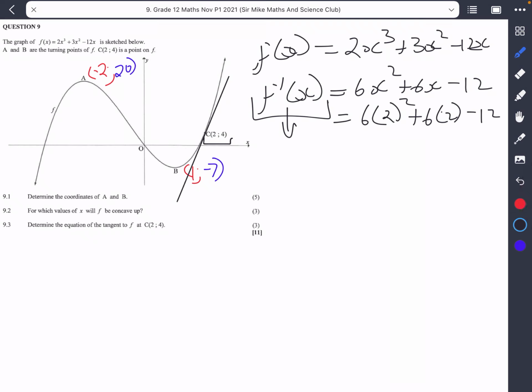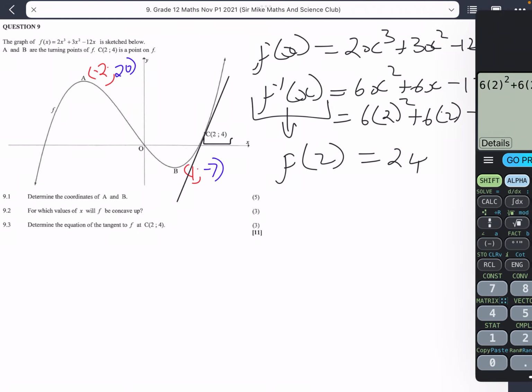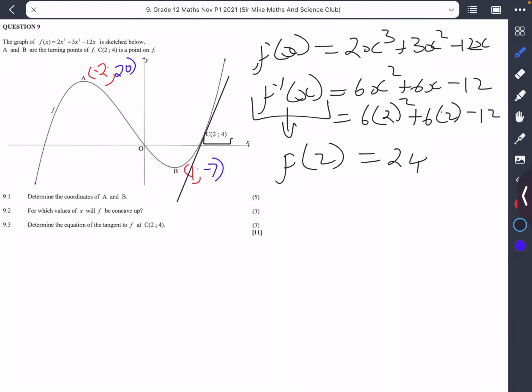So we know the gradient of that line is 24.